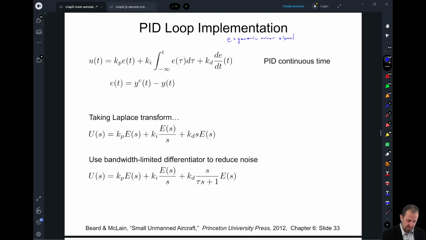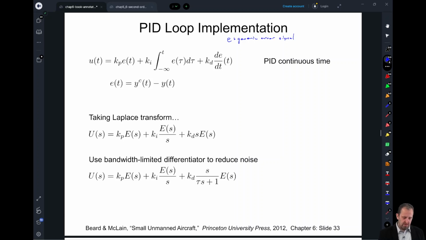If we had PI, it would be these two components. If we had PD, it would be these two components. And if you used all three of them together, then you're good to go. Okay, so we have our control laws, and we have our error signal.